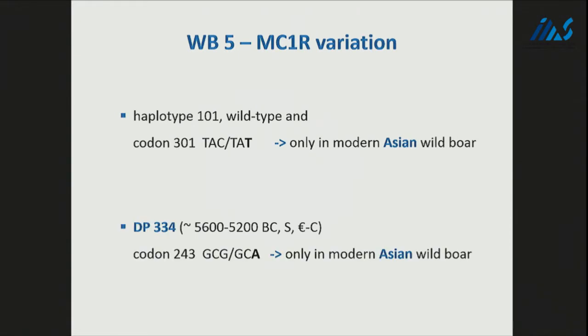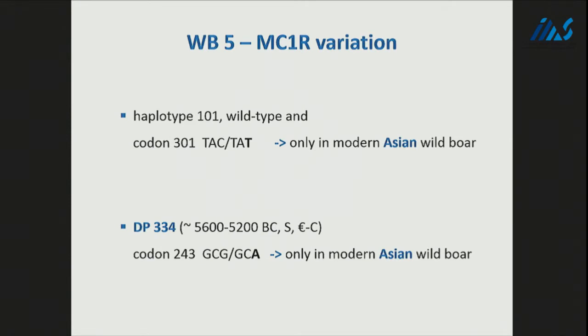We made a similar observation in a domestic pig from the south. Here we also saw a change at a codon, also synonymous. Again, this we see only in modern Asian wild boar.